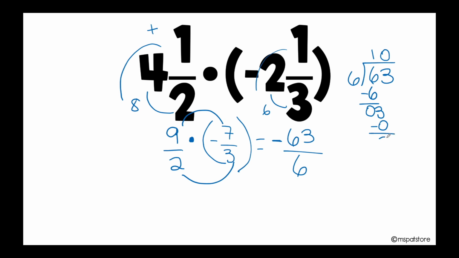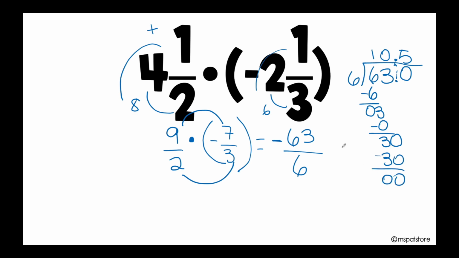Let me bring down this 3. As you can see, I need to get help from my invisible zeros that are here. So I'm going to place the decimal point, then I'm going to move my decimal point up, and then I'm going to bring down that invisible zero that is going to help me. So it's 30. 6 times 5 is equal to 30.